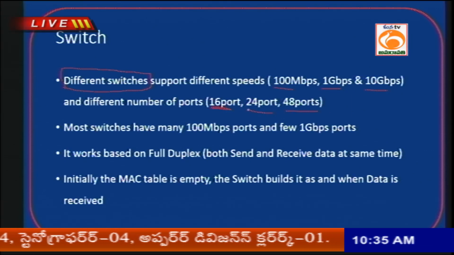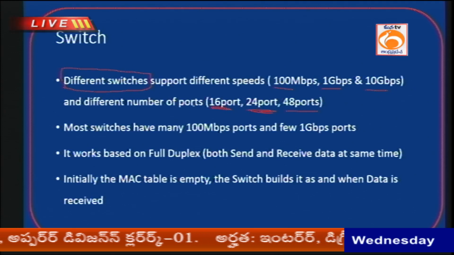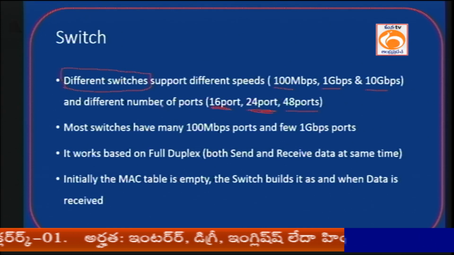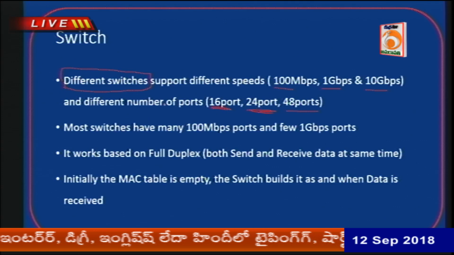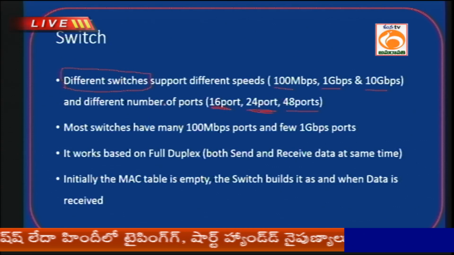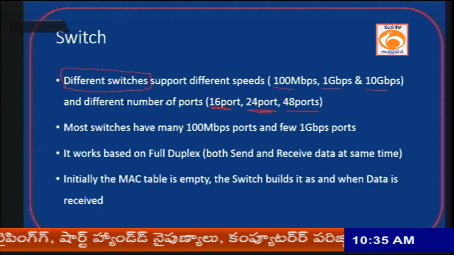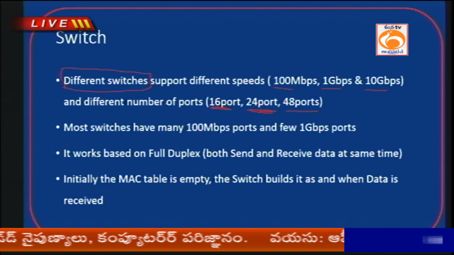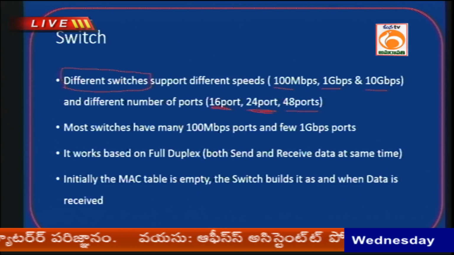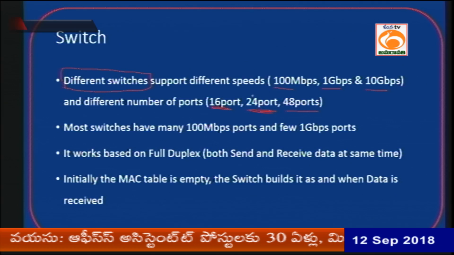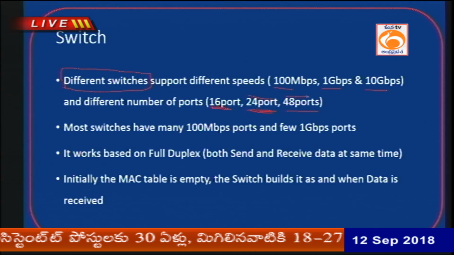These are the commonly used types, and for some large organizations the switch manufacturers have modular switches which can provide more than 100 or 150, 200 ports on one single switch. But standard switches come in 24 port and 48 port configurations.